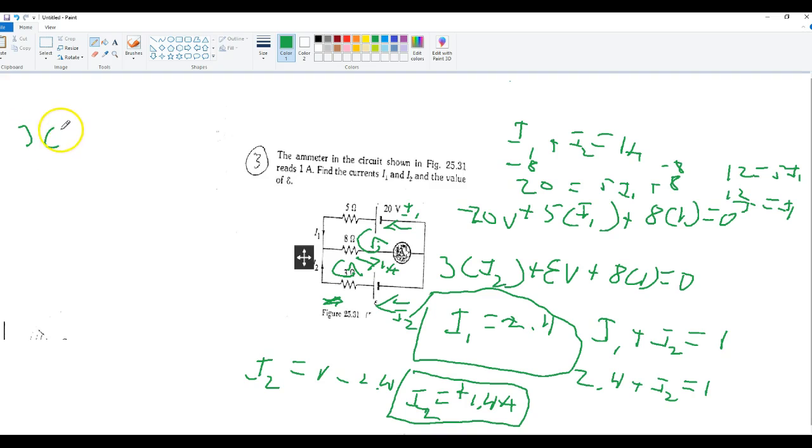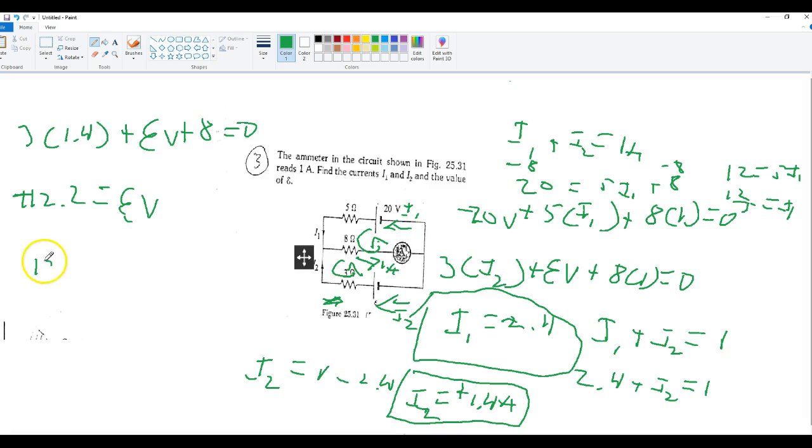So you go 3 times I2, which is 1.4, plus what we're solving for, plus 8, is equal to 0. 3 times 1.4 is 4.2, plus 8 is 12.2. We get negative 12.2 is equal to this V, which is just going to become a plus because from their perspective, they're going to change that sign again.